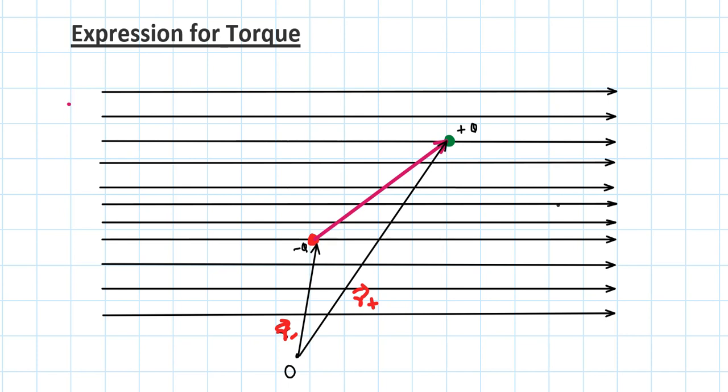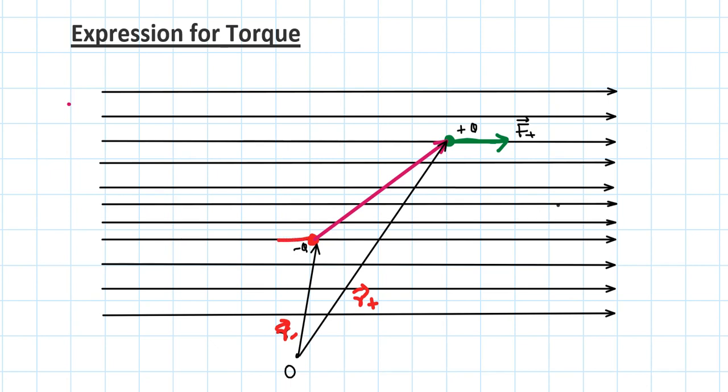All right, so the forces involved, let us go ahead and check the forces involved. The force that was acting on plus q was like this, and let me call it vector f plus, because that way you would be able to distinguish it.